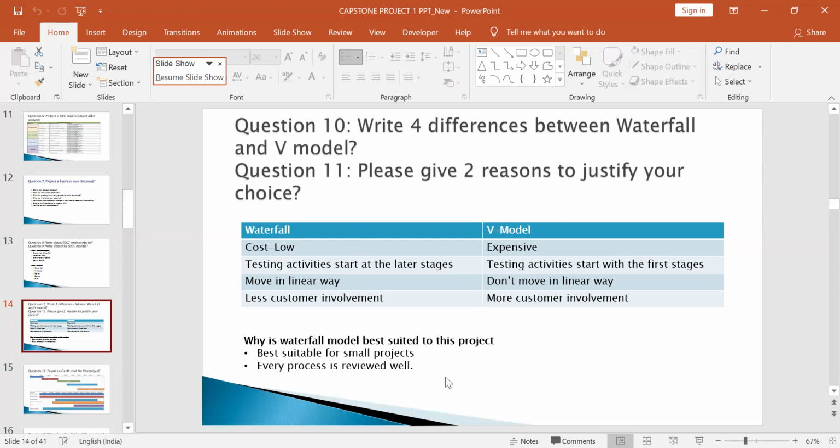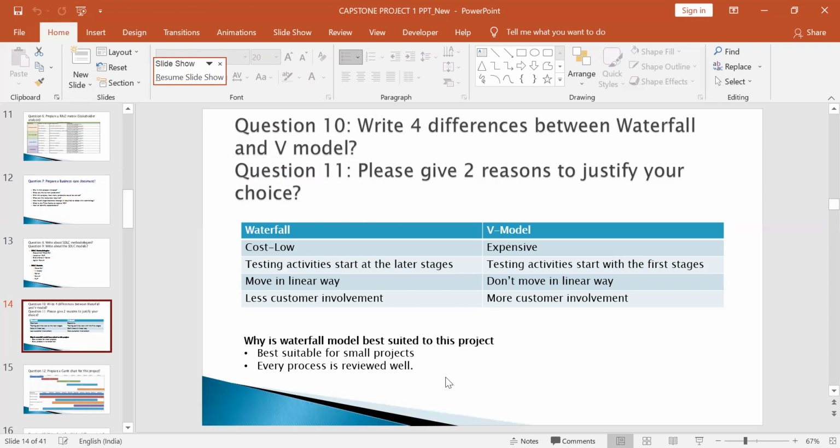And next, please give two reasons to justify your choice. Why is the waterfall model best suitable for this project? It is best suitable for small projects. We have a small project, so it is suitable for the waterfall model. And every progress is reviewed well.